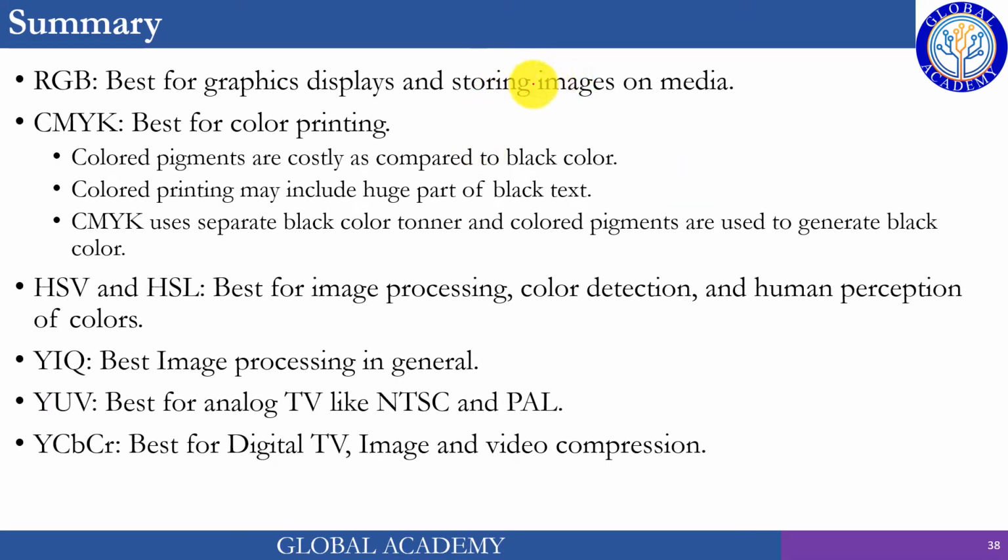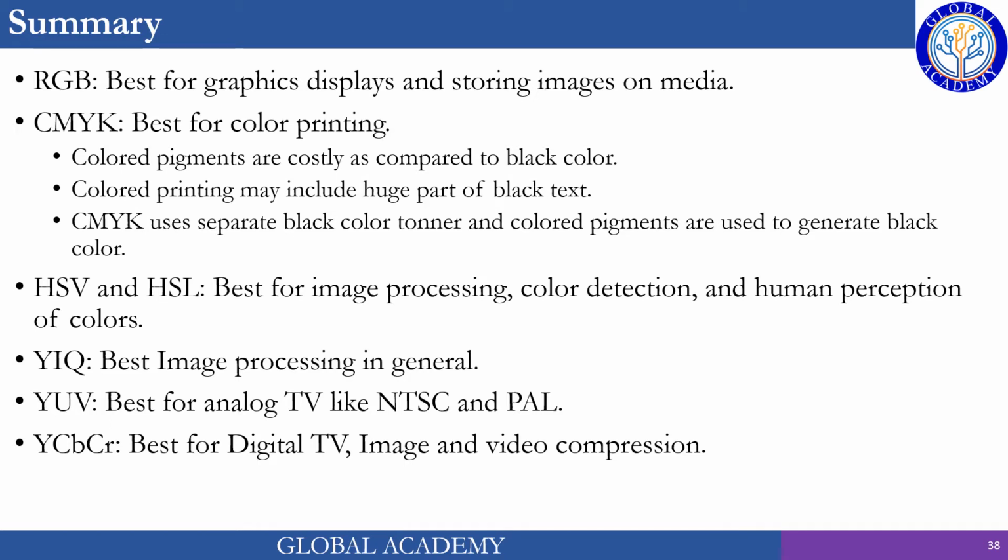Here is a summary of all these concepts. RGB is best for graphics displays and storing images on media. CMYK is best for color printing. As we discussed earlier, color pigments are costly compared to black, and color printing may include a huge part of black text, so CMYK is best for this scenario.